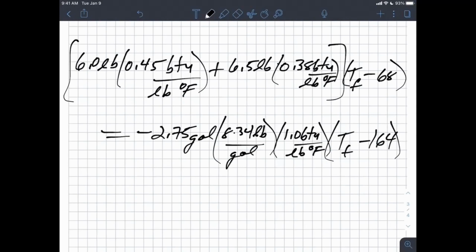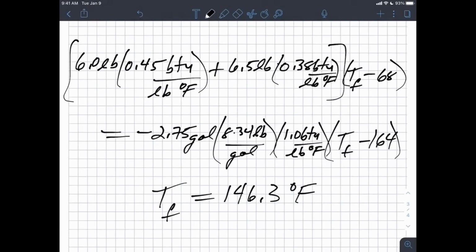So we could put this into our calculator, and if we put that into the solver in our calculator, we get a final temperature of 146.3 degrees F. So that's what we calculate.